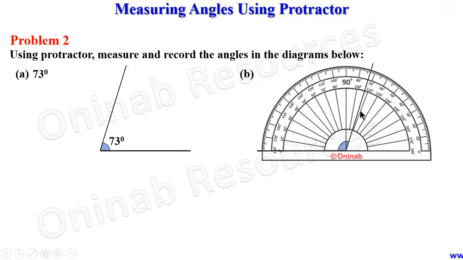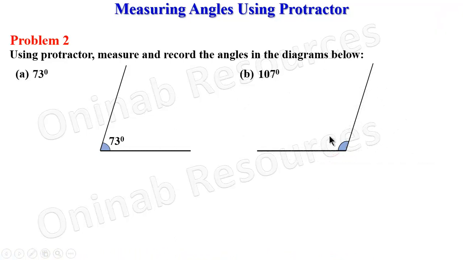So the angle there is 107 since it is 1, 2, 3 away from 110. So the angle there is 107 degrees. So removing the protractor, we can also record the angle here as 107 degrees. And that's all for problem 2.